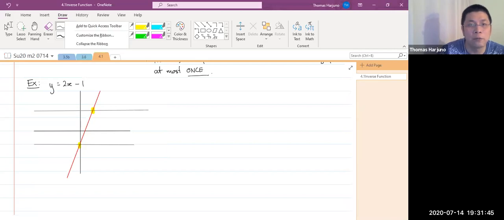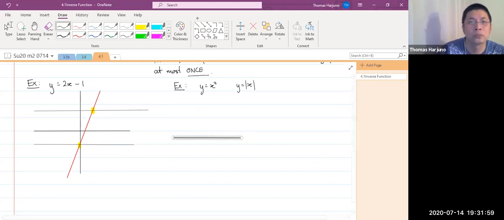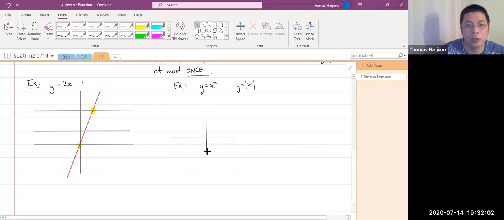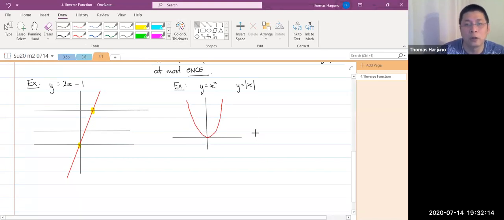Now from there, we will see that the graph of y = x squared or y = absolute value of x are functions, but they are not one-to-one. The graph of x squared, as we know, looks like this. The graph of absolute value of x looks like this.